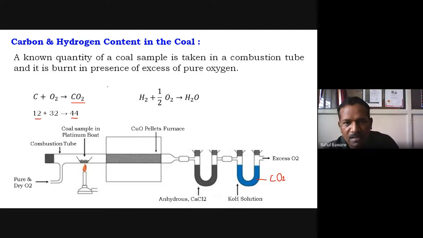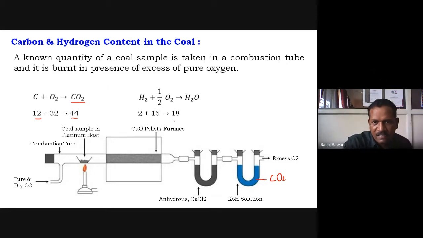In the same manner, H2 plus half O2 gets converted into H2O. What is the molecular weight? H2 has 2, oxygen, as it is half, gives 16, and H2O becomes 18.